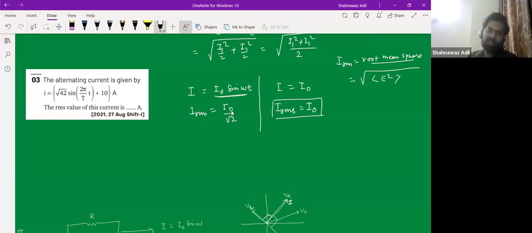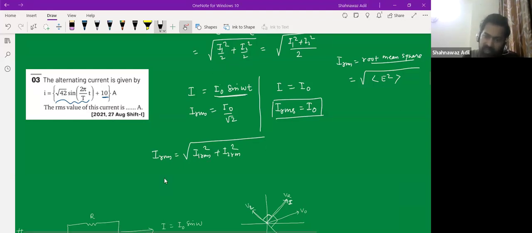So in this question, we have two parts. This is a constant one, and this one is a periodic one. So we already know the relation that IRMS squared would be equal to I1 RMS squared plus I2 RMS squared.